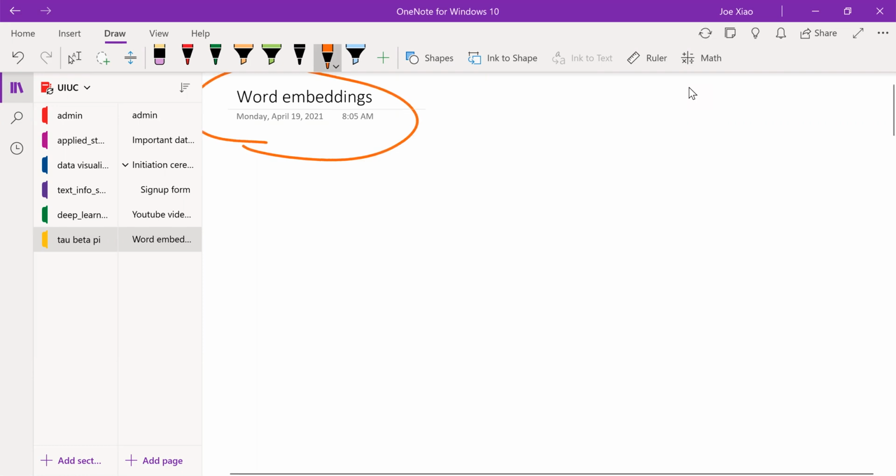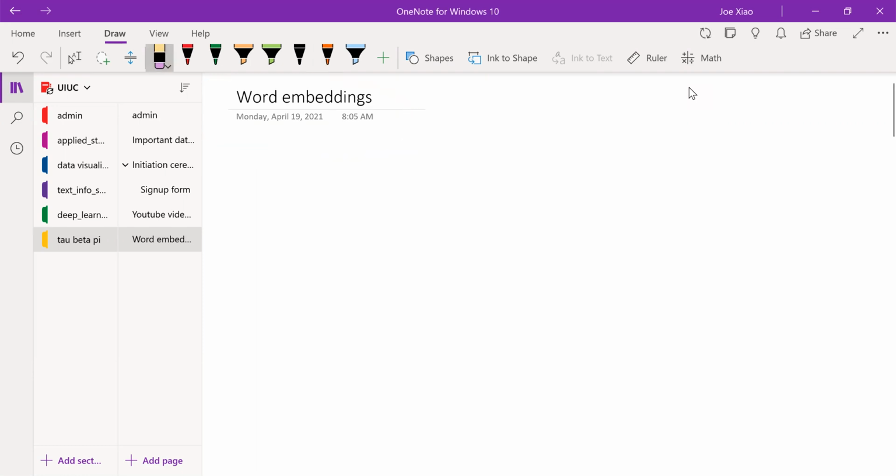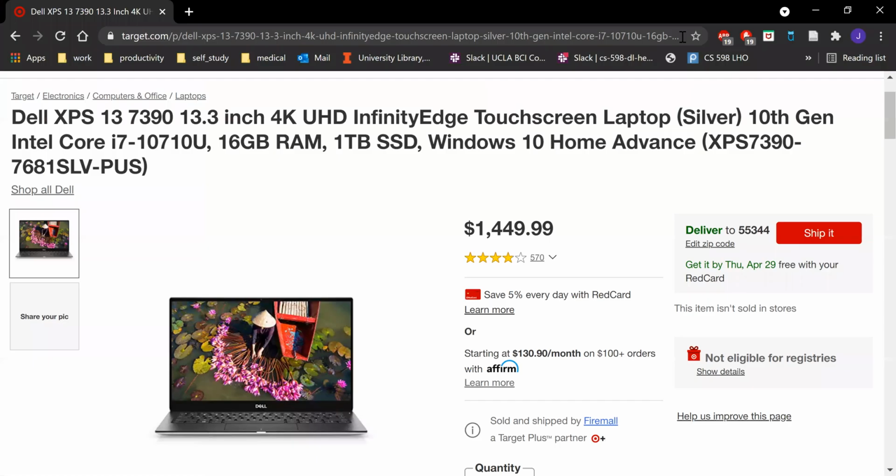So here's the topic we'd like to discuss here. Before we do that, I'd like to just give a quick demo about what I'm talking about. Recommender systems are a way for companies to recommend products.